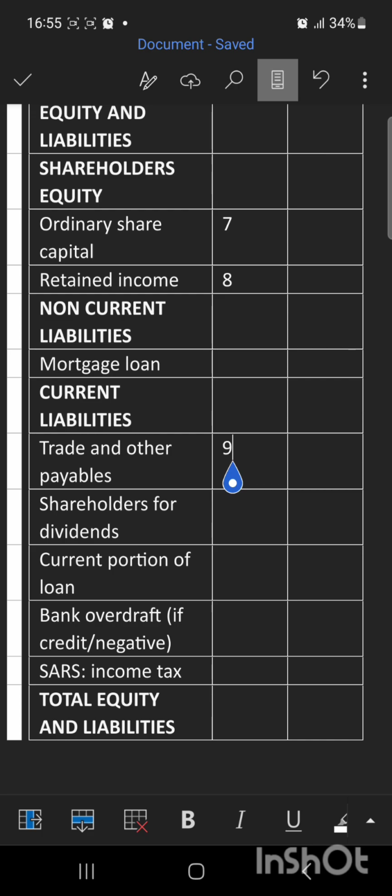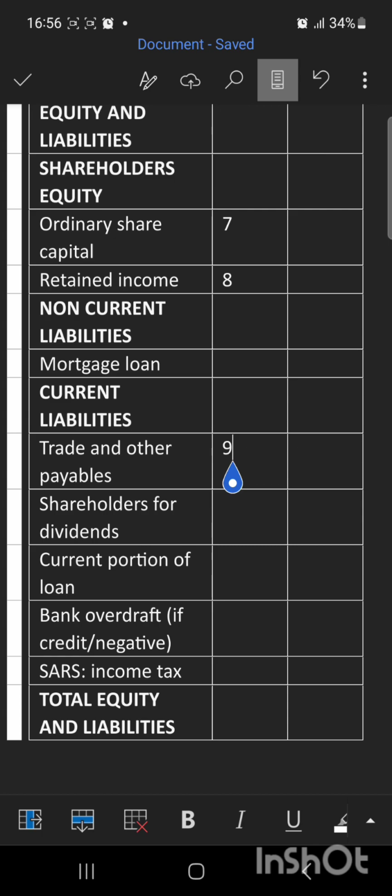Now, a non-current liability means that this liability will not be settled in the next 12 months, or for more than 12 months. So now if they tell you that part of the loan will be settled in the next 12 months, that part therefore doesn't become a non-current liability, it becomes a current liability. So what you want to do is, there's a few ways that you can do it.